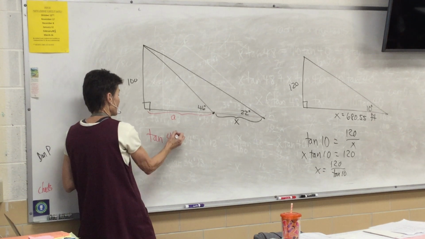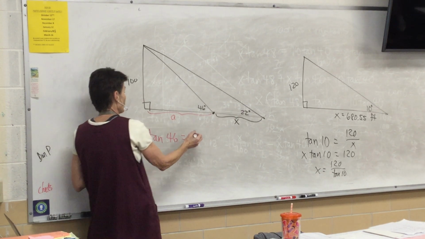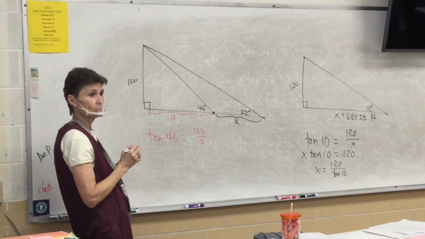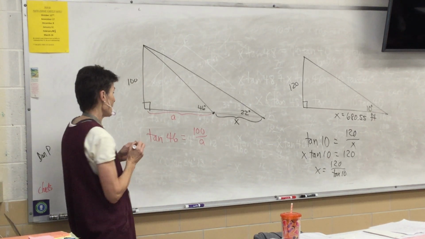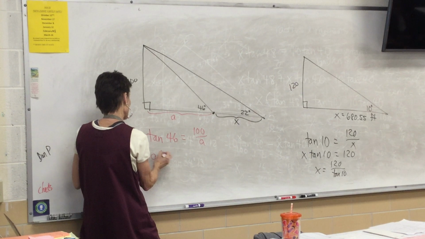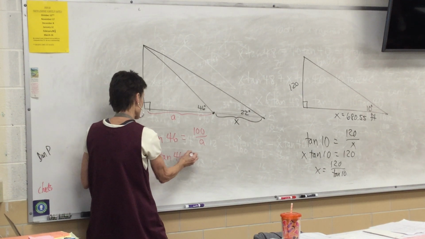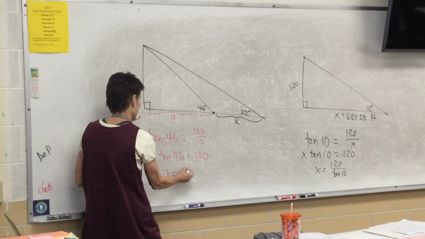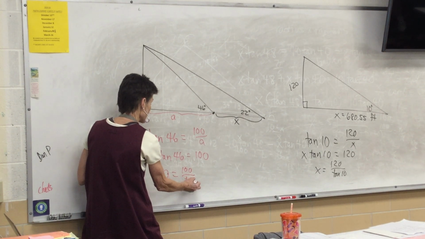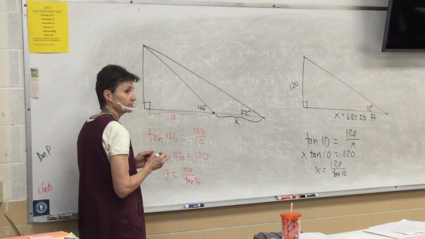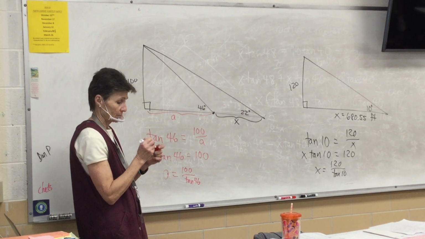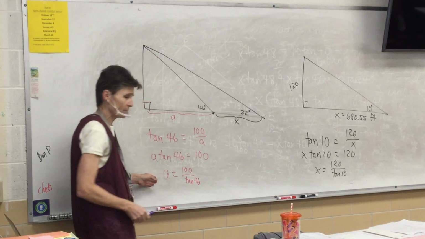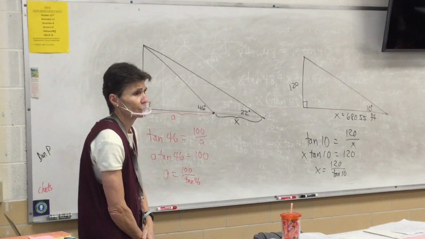Tangent 46 equals 100 over A. Is that true? And so, this is not going to give me the answer to the question, but it is going to give me that distance. So A is 100 over tan 46. I'm not going to type that in just yet, but are you still with me? You see what's happening there?